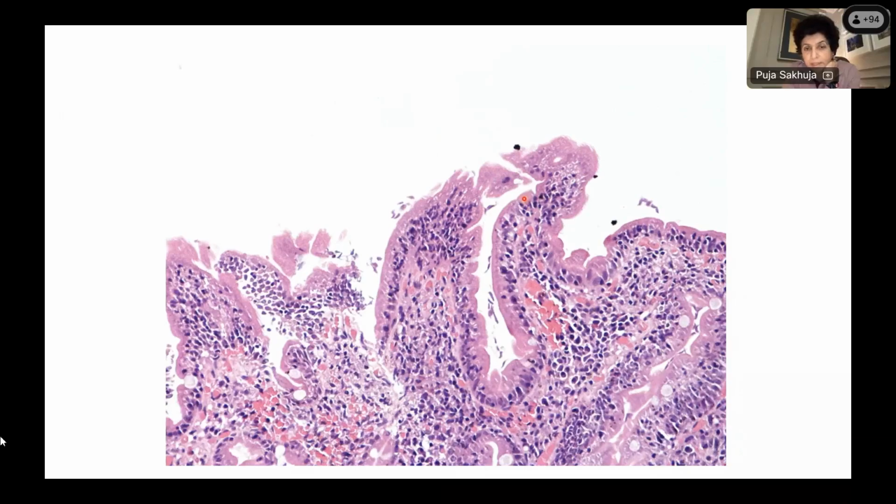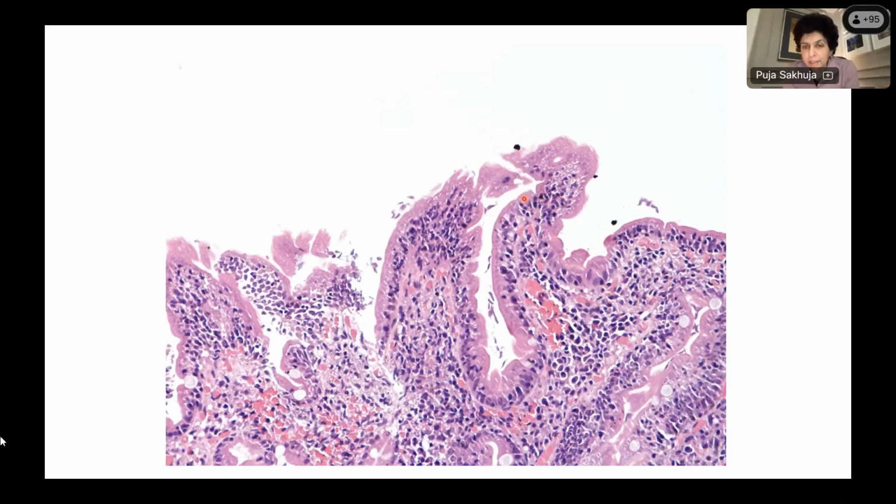In the base, in the tip, on the sides? In the tip, ma'am. Yes, the tip is predominant, so you should see increased intraepithelial lymphocytes in the villus tips. And in giardia, often you may see a patchy or focal increase of intraepithelial lymphocytes with or without any mild villus blunting.